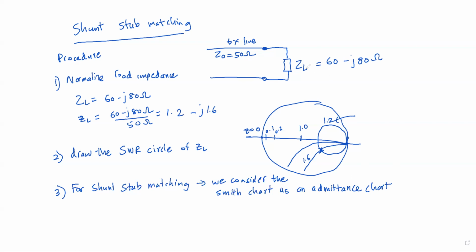The reason is that now we are going to do a shunt stub matching. Shunt means parallel stub matching, right? So we are going to connect a certain stub in parallel to the load, right? So somewhere in between this line, we are going to connect a parallel load to this transmission line, right?